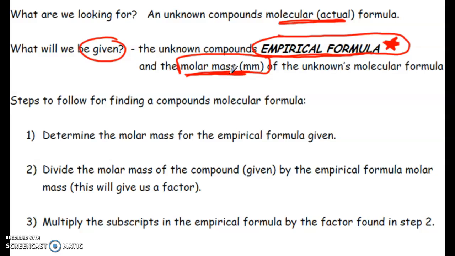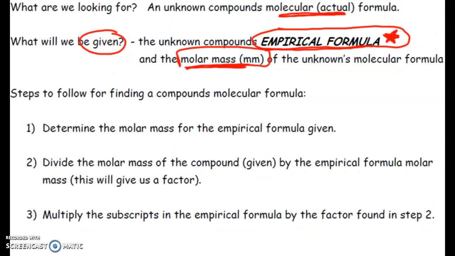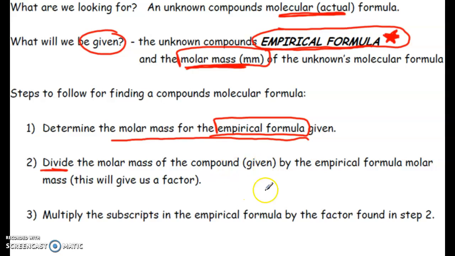So here are the steps. Again, this is similar to before. The steps are not going to make a whole lot of sense until we actually start doing some examples. The first thing you're going to do is figure out the molar mass of the empirical formula. You're then going to divide the molar mass of the real compound by the empirical formula molar mass.